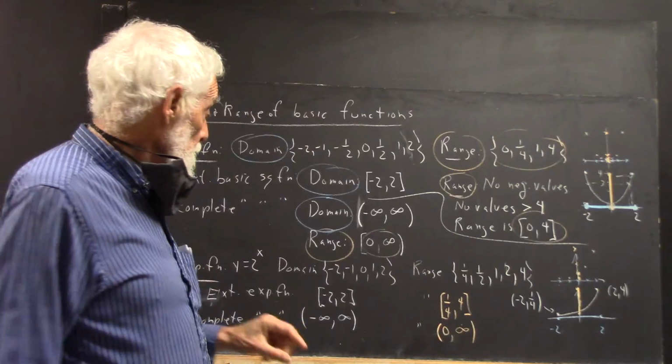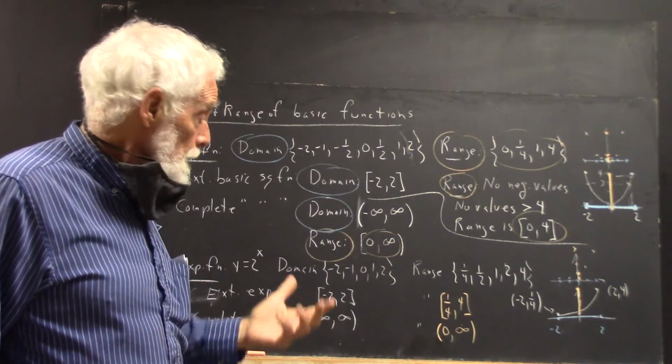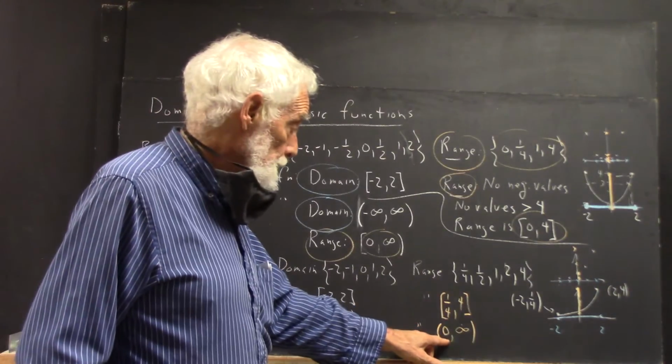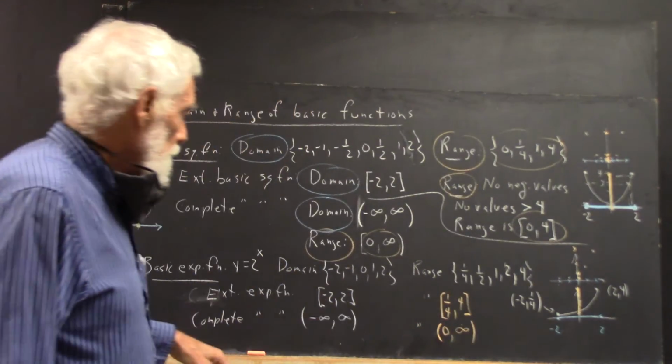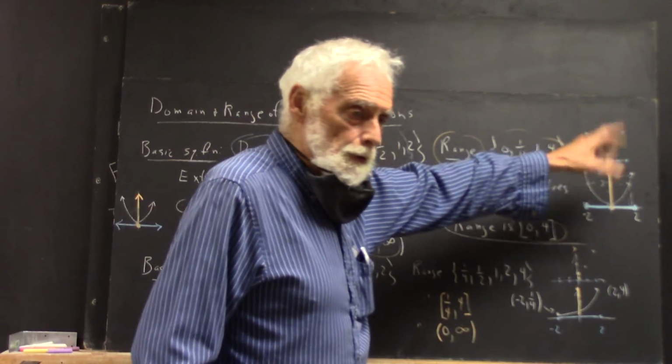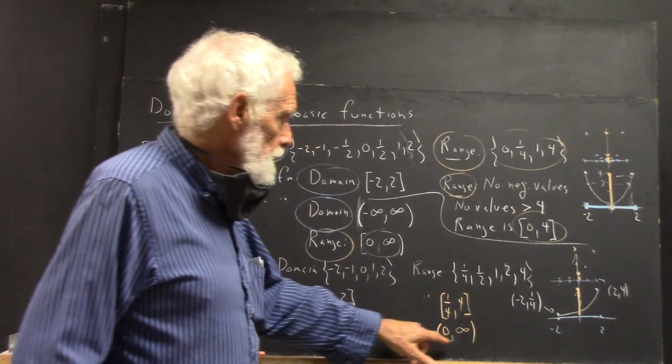You can't get 0. There's no number that can divide into 1 to give you 0. And if you go to big positive numbers, it's clear just from the shape of this thing that you're going to get huge positive numbers. So the range is 0 to infinity.